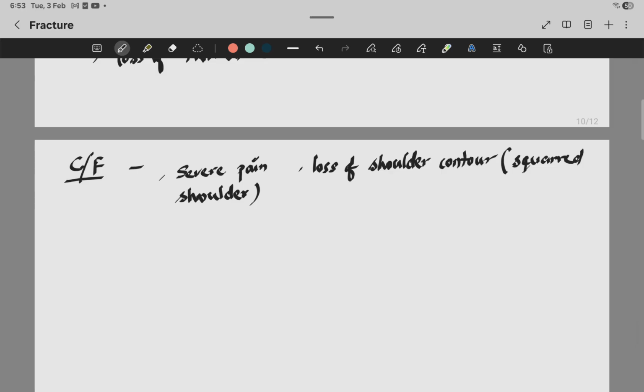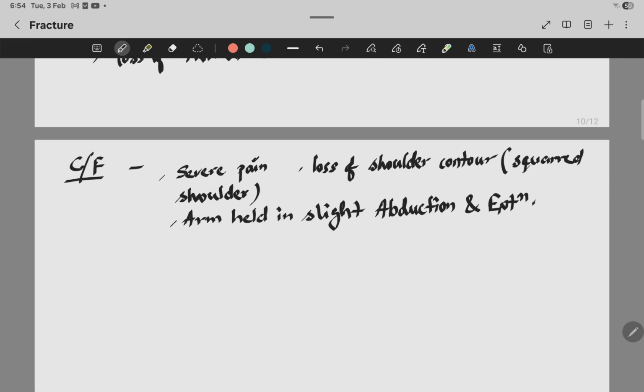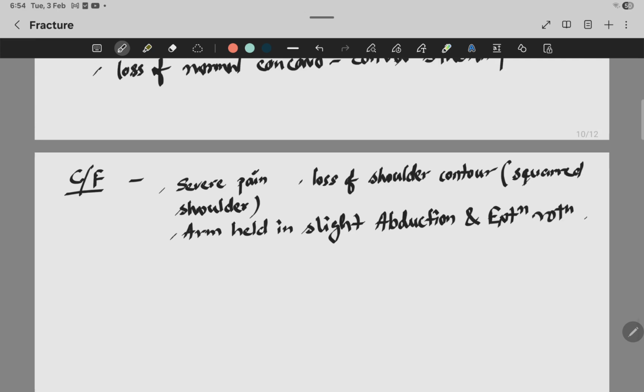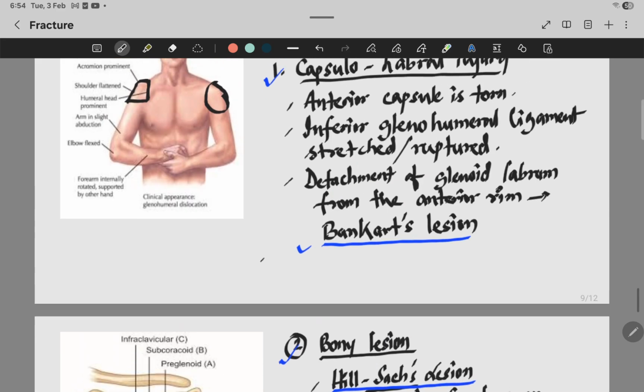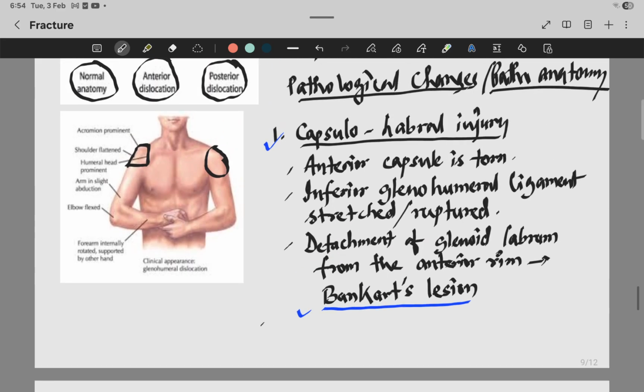Next, the arm is held in slight abduction and external rotation. See, the arm is abducted and externally rotated.